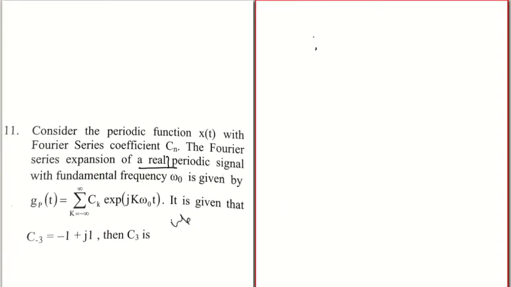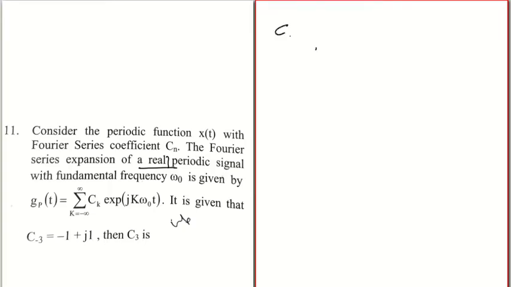Consider the periodic function x of t with the Fourier series coefficient Cn. The Fourier series expansion of a real periodic signal with the fundamental frequency omega 0 is given. It is given that c of minus 3 is minus 1 plus j1, then c3 is? So we have to make use of the conjugation property that I discussed in the previous video, the properties for Fourier series.